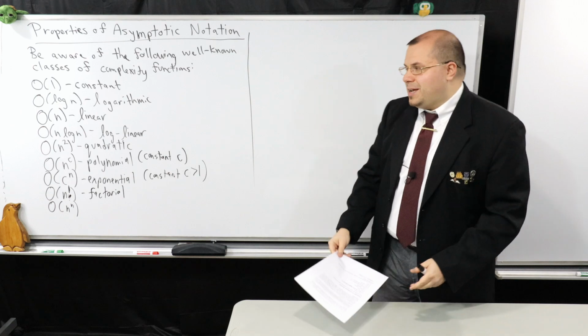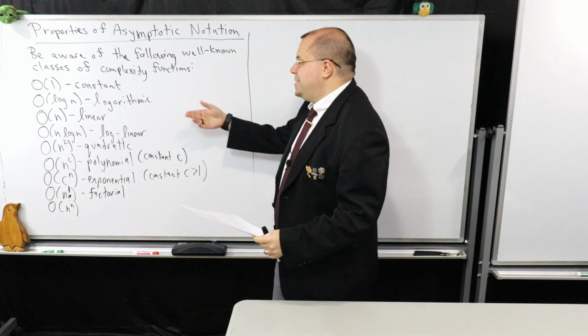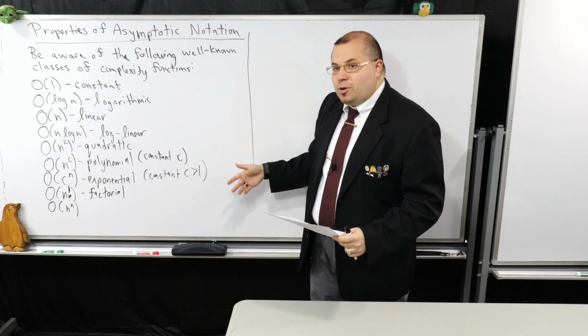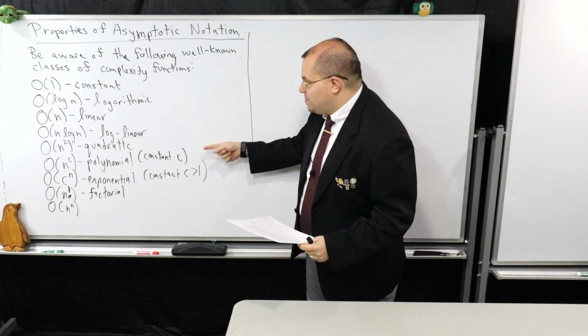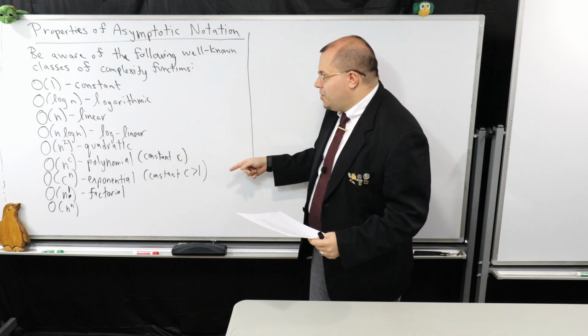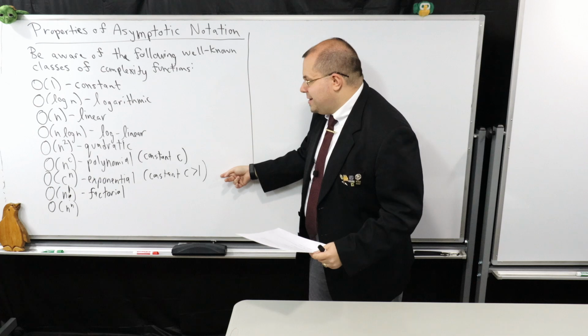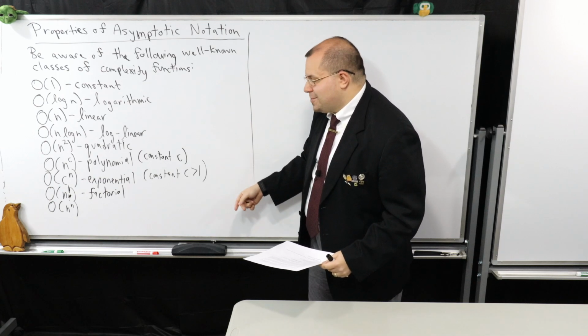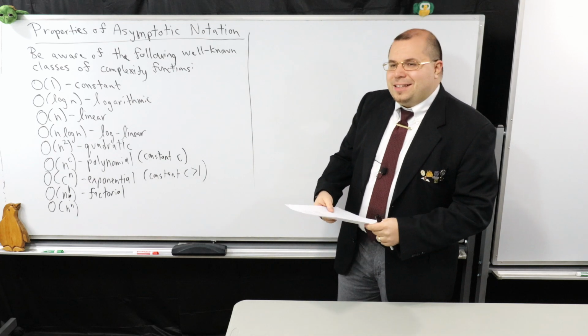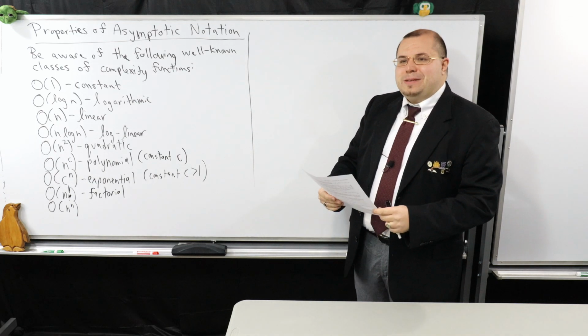So you may know, for example, big O of 1 means constant, big O of log n means logarithmic, big O of n is linear. A couple that are going to be more relevant towards later parts of this class are polynomial. So if this is some constant c, we call that a polynomial. And if it's c to the n and c is some constant bigger than 1, we say that this is exponential. So these are just some ones to be keeping in mind.